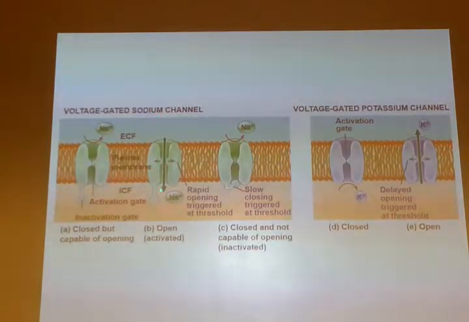When sodium is coming in through the channel, positive charges accumulate inside the cell and cancel the net negative charge that was in there during the resting phase of the cell. Positive charge leaving the outside leaves net negative charge behind.